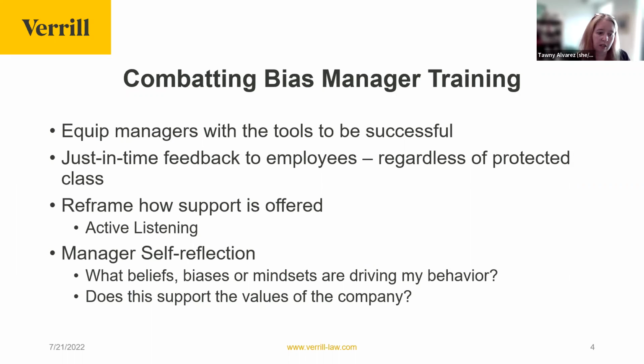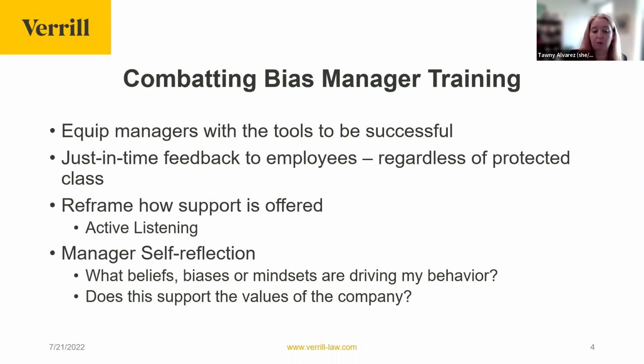So statistically, research shows that managers are more likely to give actionable and in-the-moment feedback to men over women. And similar dynamics have been observed based off of race, ability or disability status, and sexual orientation. And we know that employees who aren't given actionable feedback are less likely to become aware of areas for improvement, and then they can't leverage the benefit of that feedback.